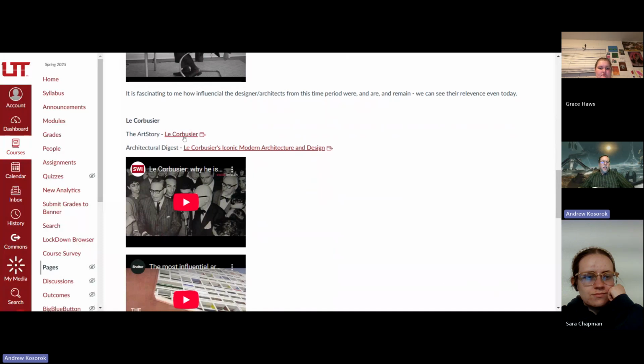And Le Corbusier was a companion to the Bauhaus, but he split away from the Bauhaus and took his style in a slightly different direction. He became a little bit more functional, where the Bauhaus loved to really explore.